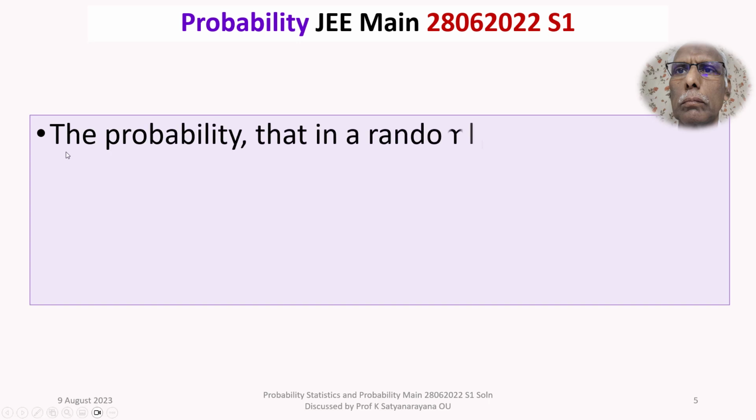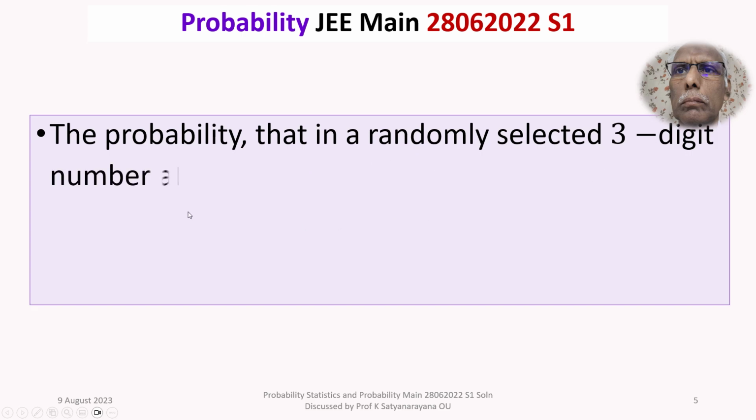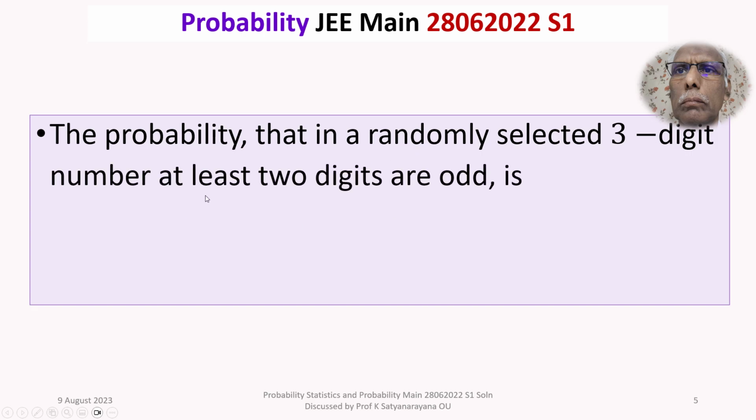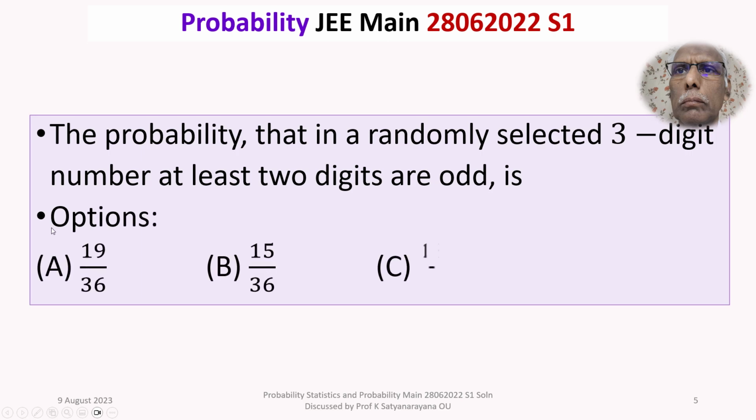The given question is: the probability that a randomly selected 3-digit number has at least 2 odd digits is. We have 4 options. Option A 19 by 36, option B 15 by 36, option C 13 by 36, option D 23 by 36.